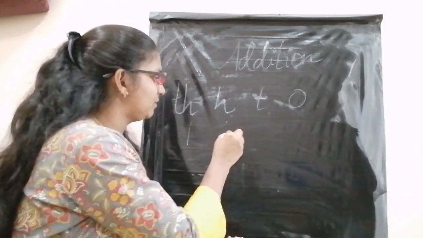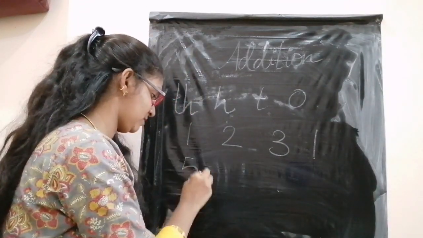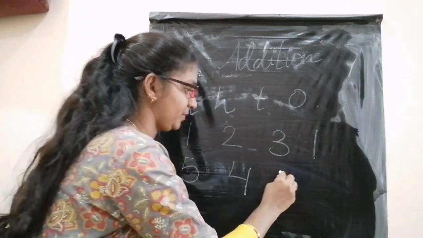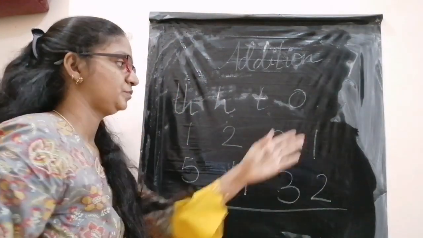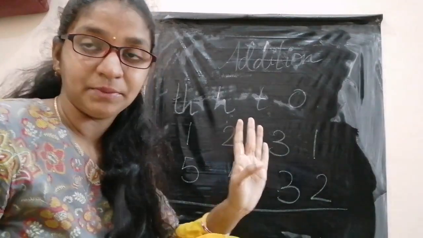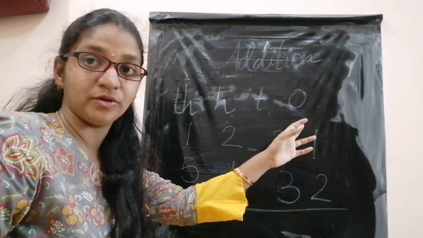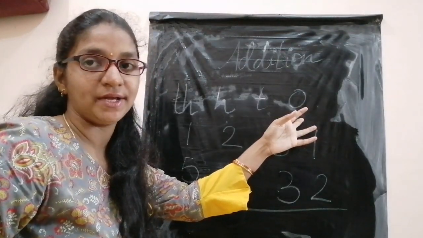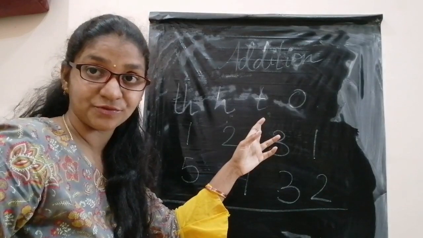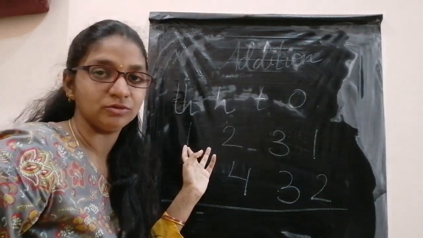So let us take 1231 and 5432. The same thing. It may be a 3-digit number, 4, 5 or 6. The rule is common. First add ones place and then shift to the tens place and then to the hundreds place and then to the thousands place.